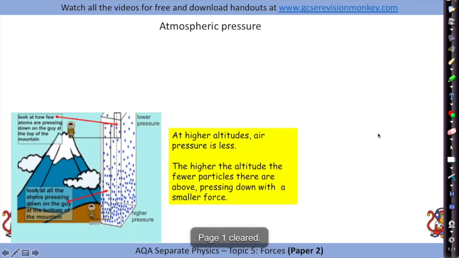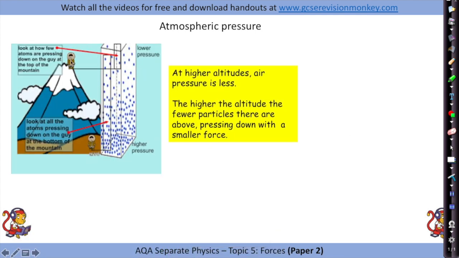Okay, now atmospheric pressure. So if we look at a little man up a mountain, or a little man at the bottom of a mountain, at higher altitudes, air pressure is less. And this diagram helps us to see why that is. The higher the altitude, the less air there is above you, the fewer air particles there are above, so they press down with a smaller force.